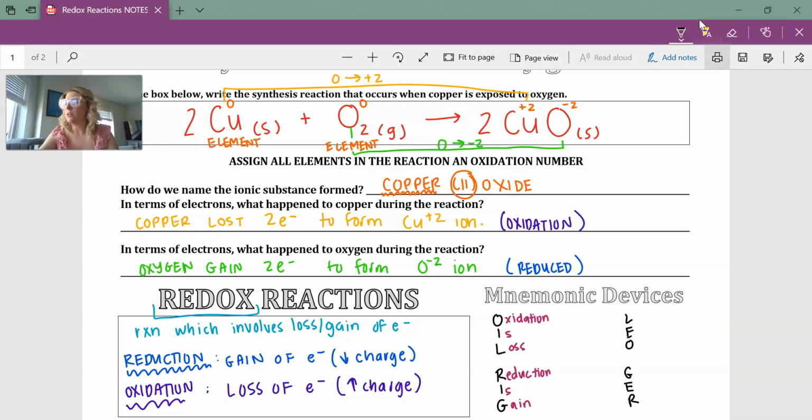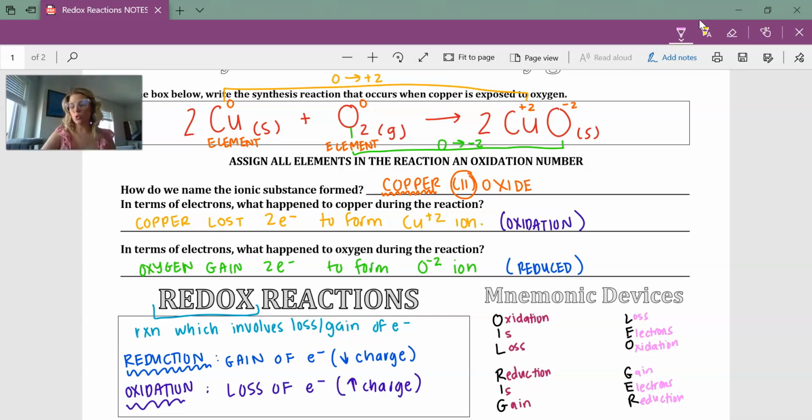LEO the lion says GER, okay? And that stands for loss of electrons is oxidation and gain of electrons is reduction. So you can choose whichever of those 2 is easier for you to remember. They mean the same thing. They're just going to help us out to determine which species is being oxidized and which is being reduced in a reaction. And anytime I'm looking at redox reactions, I always put it right at the top of my paper.